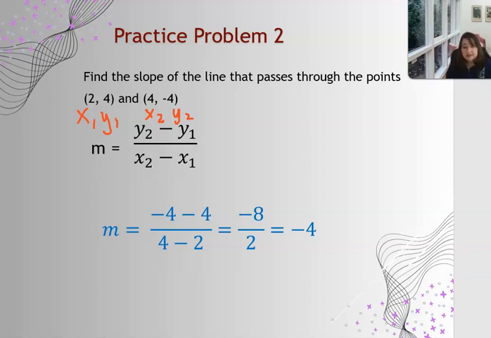This time I ended up with a negative 4 minus 4, and then I had a 4 minus 2, and I end up with a negative 8 on top, a 2 on the bottom, and I end up with a negative 4 as my slope. This does mean I am going downhill, and so if I was to graph it, my graph should go this direction. Hopefully that helped, and you have no problem solving slopes now.